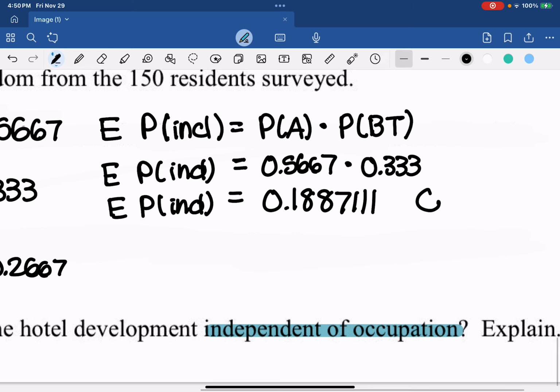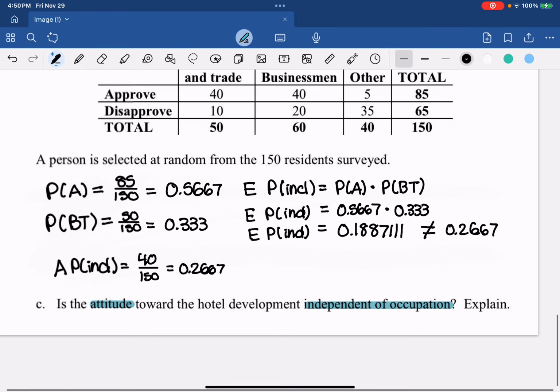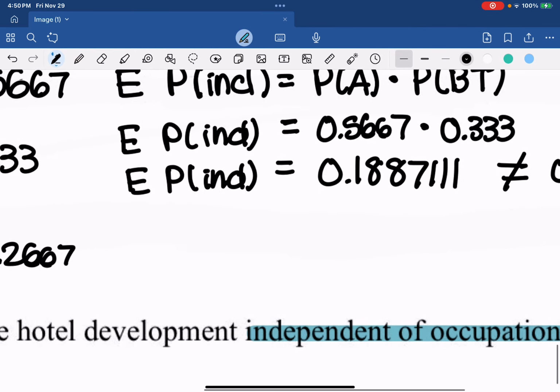They aren't equal to each other. So the actual probability is different than the expected probability under independence. So the attitude towards the hotel development isn't independent of the occupation because they're not equal. Right? They should be equal and they're not.